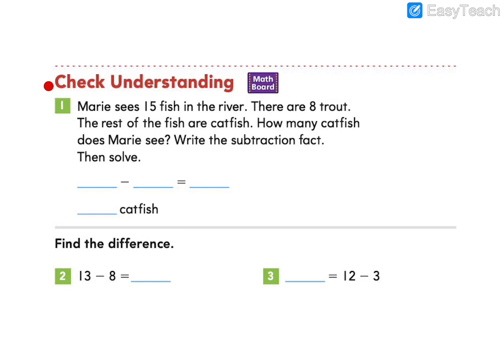Let's look at the check understanding problems. For the second 2, you're going to find the difference. You can use a picture, you can use a related addition fact, or you can count back. Number 1 says, Marie sees 15 fish in the river. There are 8 trout. The rest of the fish are catfish. How many catfish does Marie see?